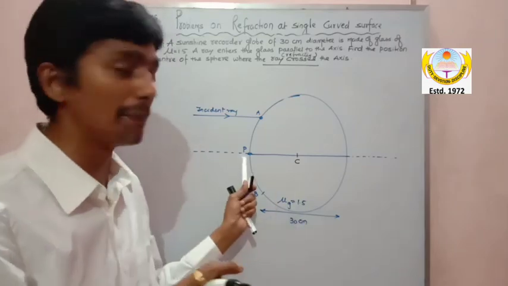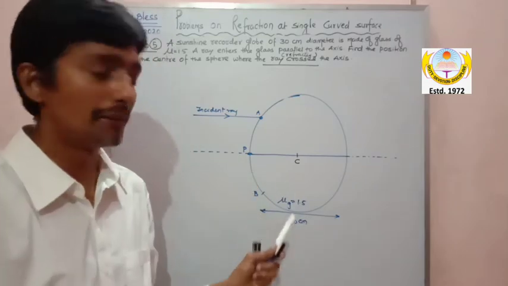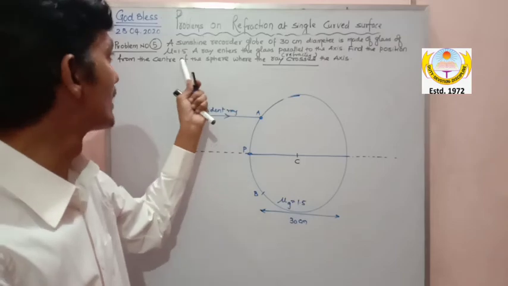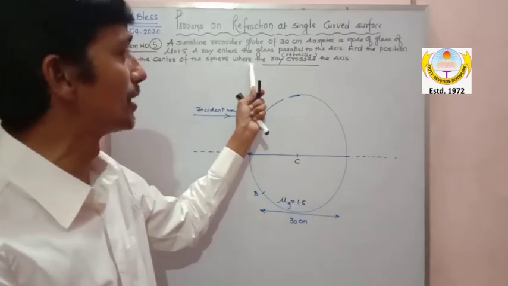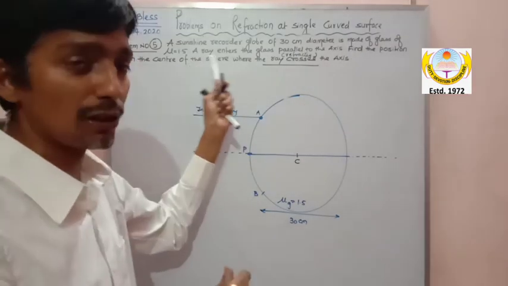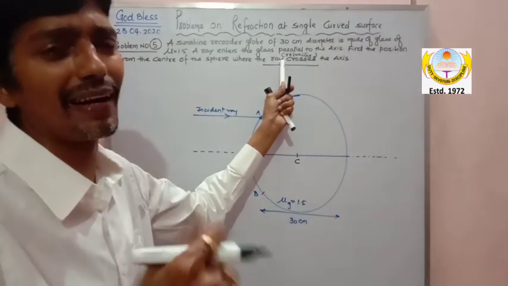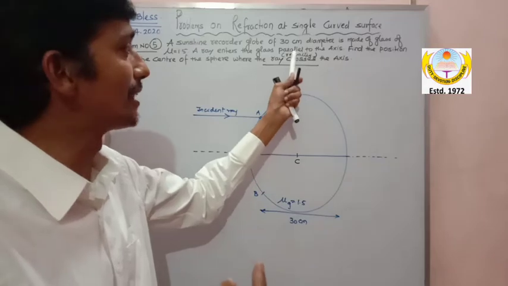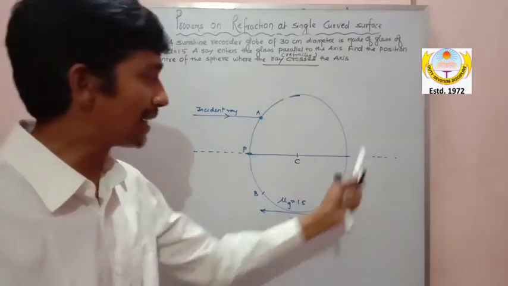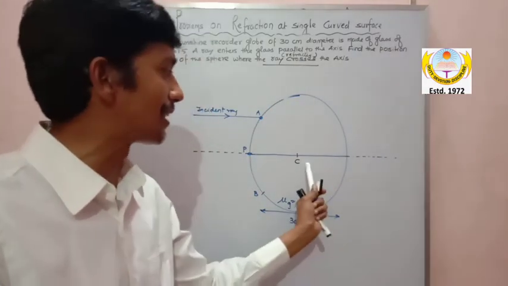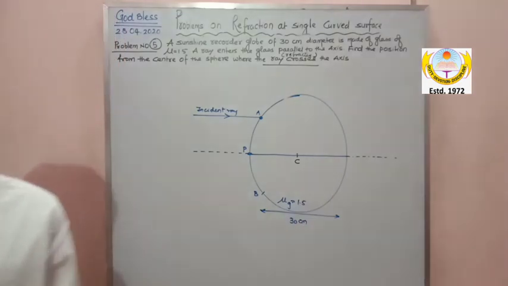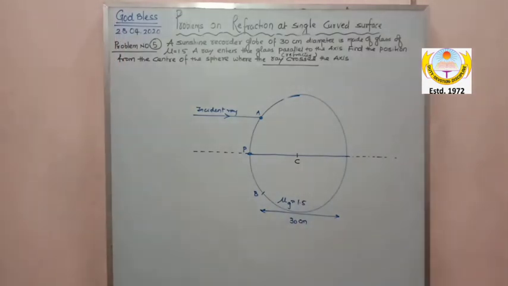Because everywhere you are measuring the distance from the pole. But now the question says, measure the distance from the center of the sphere, find the position from the center of the sphere where the ray crosses the axis. Ray means refracted ray, that is the image. So where the image crosses this axis, that distance I have to measure from the center of curvature. I hope you understood.